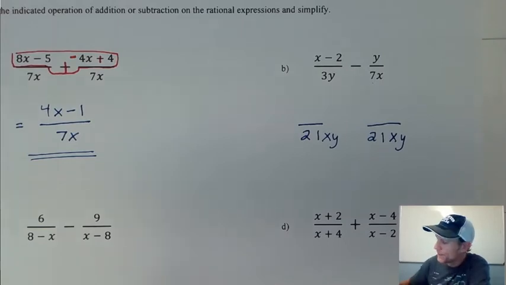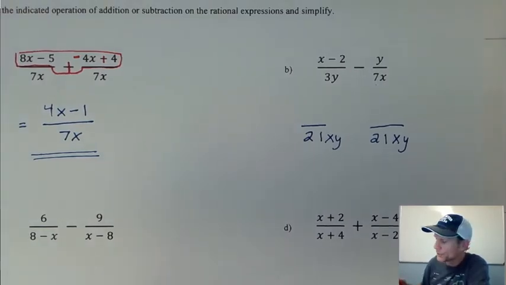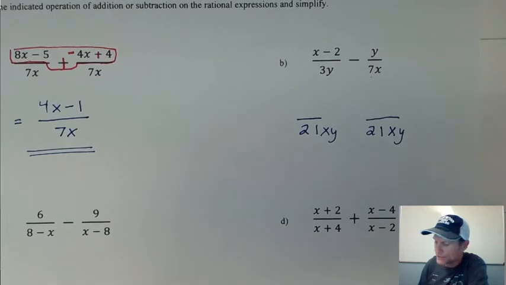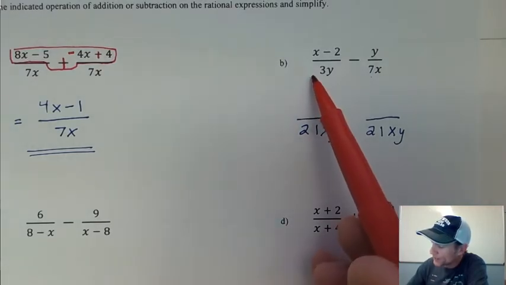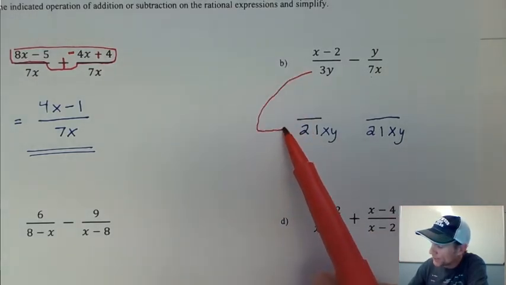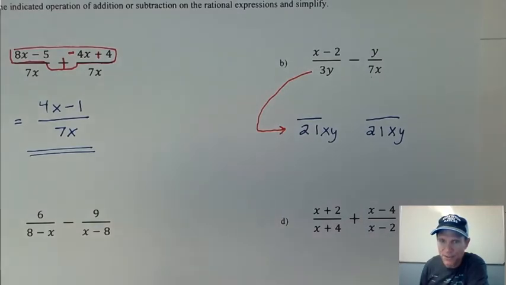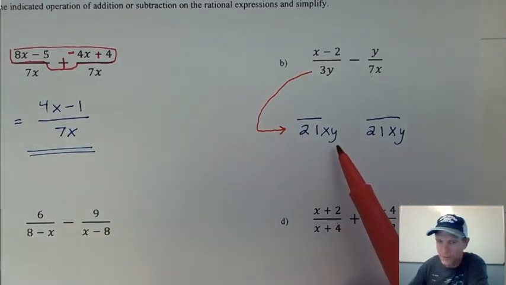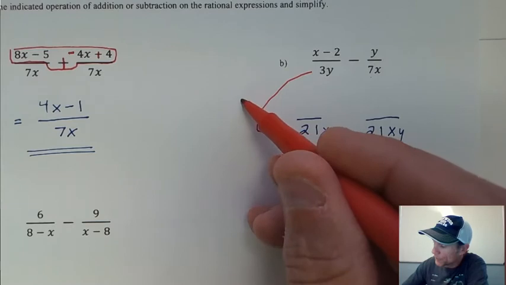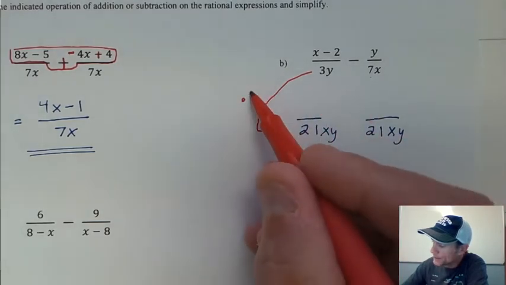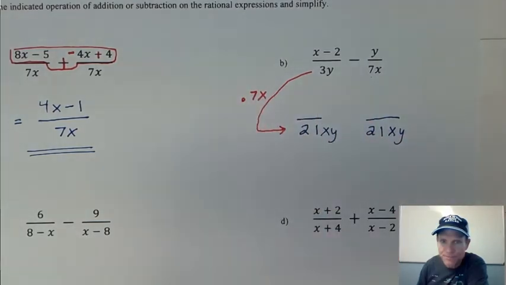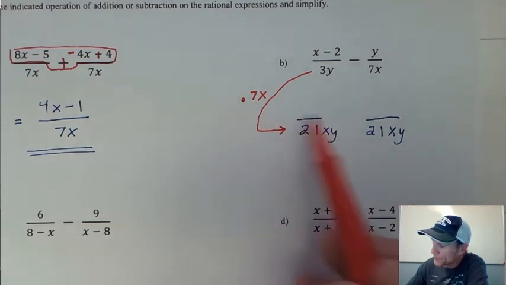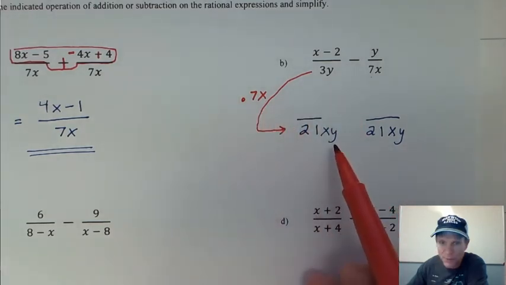All right, and so then I do this little technique that you might like to try. I ask myself, how did I get down to here from 3y to 21xy? And so what I did was I multiplied by 7x. So the 7 times the 3 would be the 21, and then the x times the y would be xy.